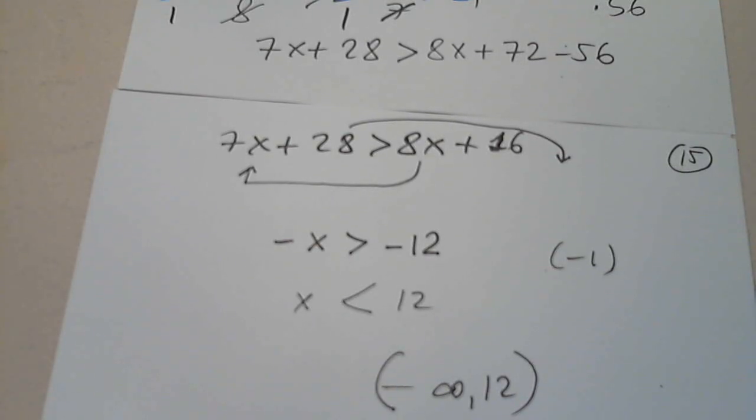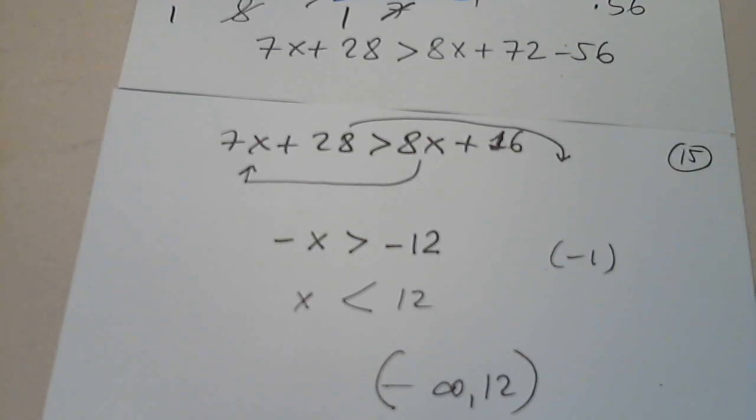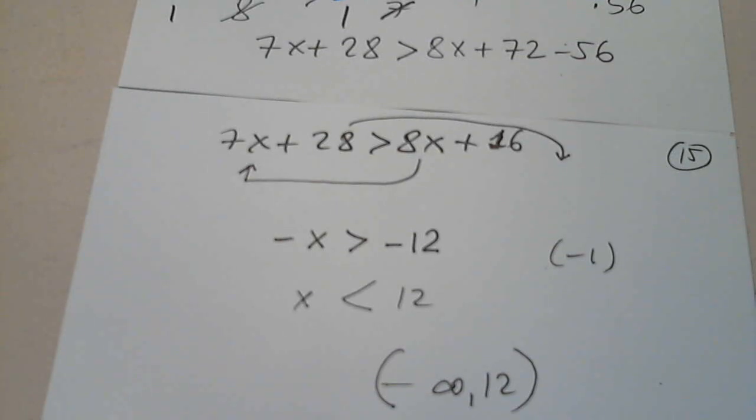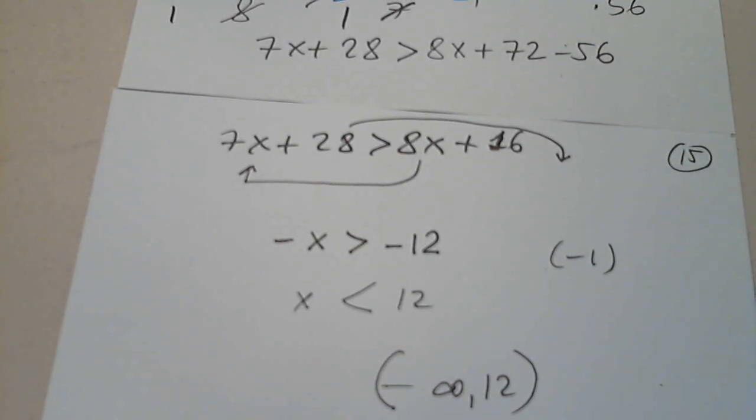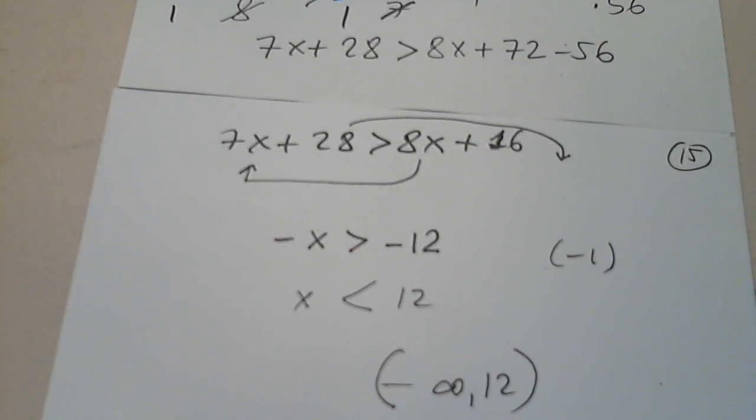Good. So express the solution in set builder notation. Okay, fine. So x less than 12. Really? Sorry. I thought I clicked on x. Okay.